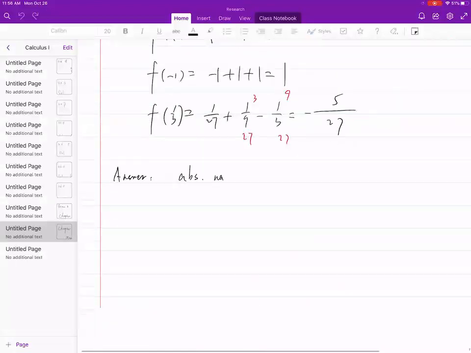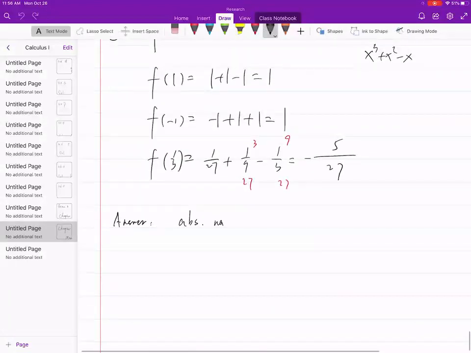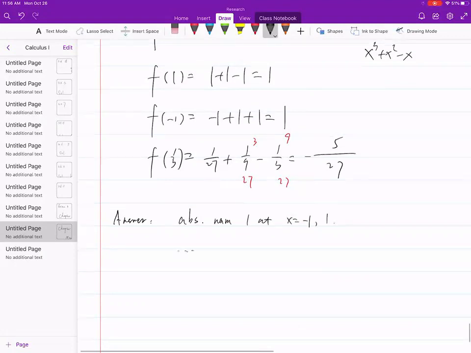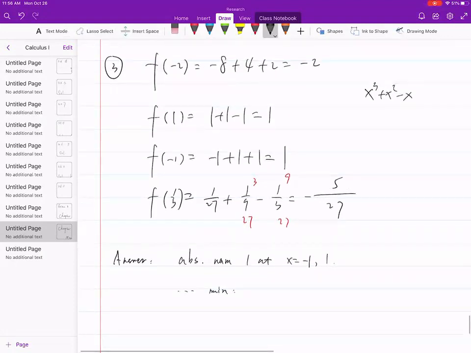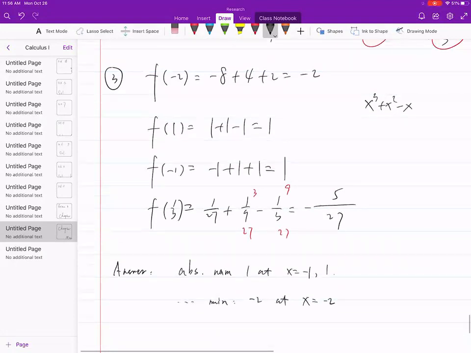If you need to leave, feel free to leave. So you have two absolute maximums and an absolute minimum, -2 at x equals -2. Okay, so minimum, maximum.